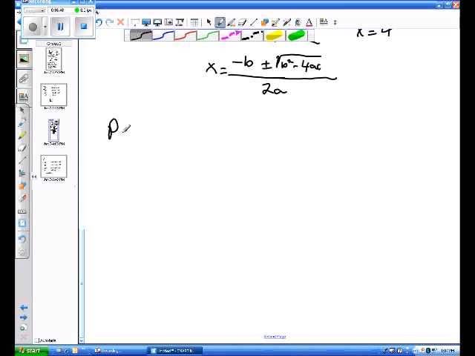So it's nice if you know your Pythagorean triples. And there's some that you're probably already familiar with, such as the 3, 4, 5. So your sides are always in that ratio. The largest one's always the hypotenuse.